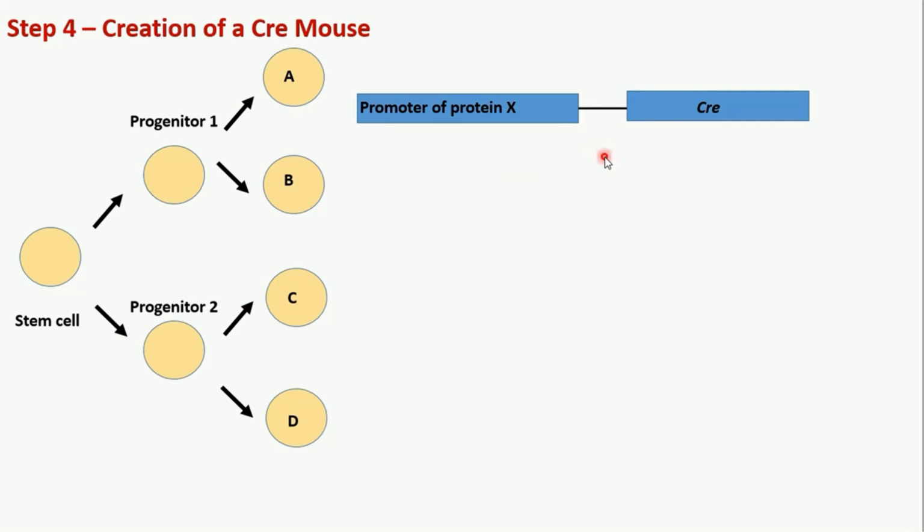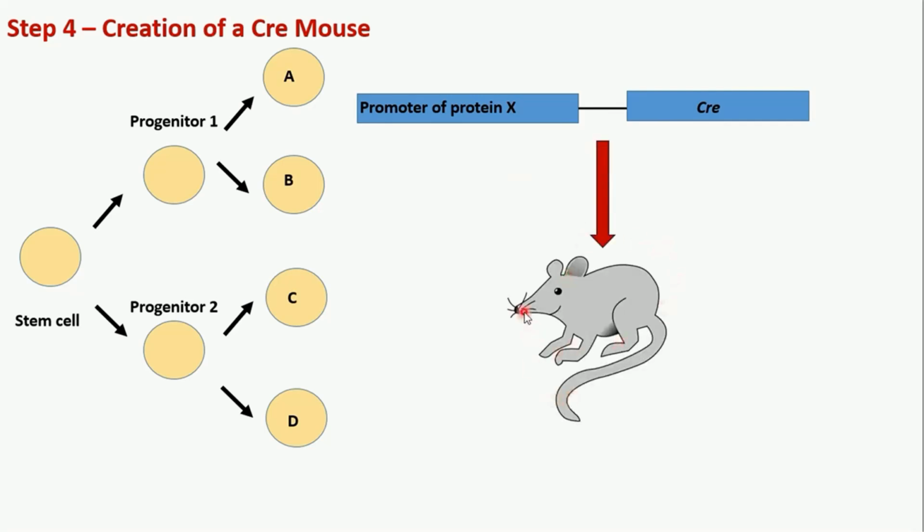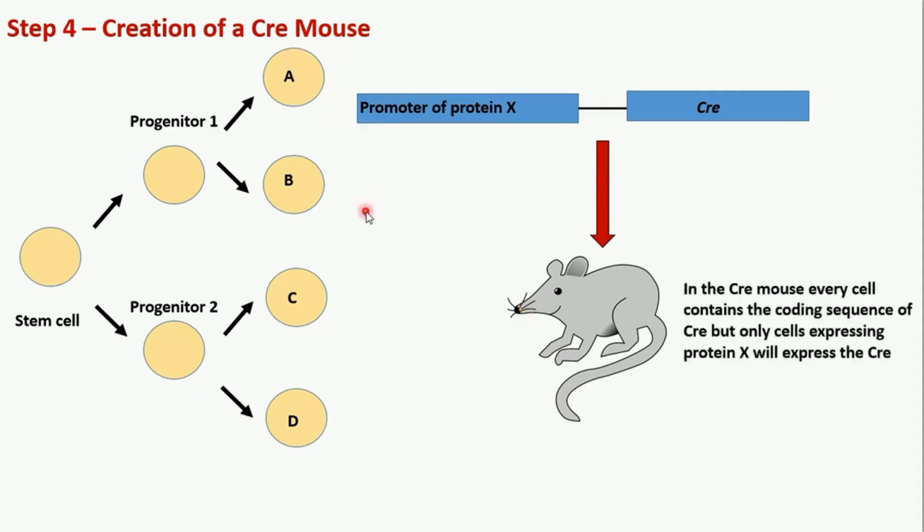Now by using this DNA sequence, we again create a mouse, and this mouse is called the Cre mouse. The specialty of the Cre mouse is that every cell contains the coding sequence of Cre, but only those cells which express protein X will express Cre, right?